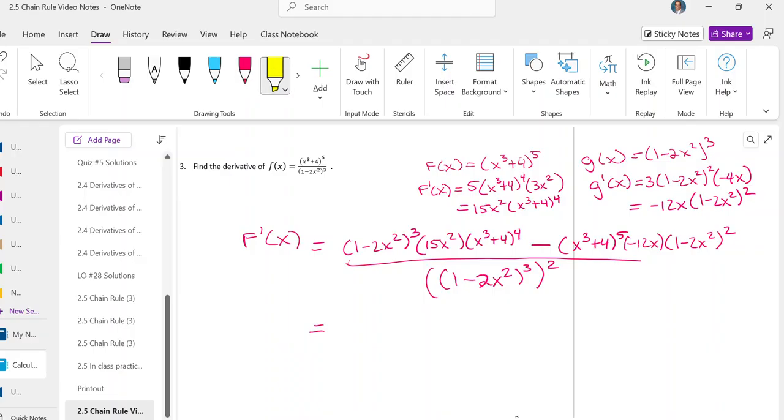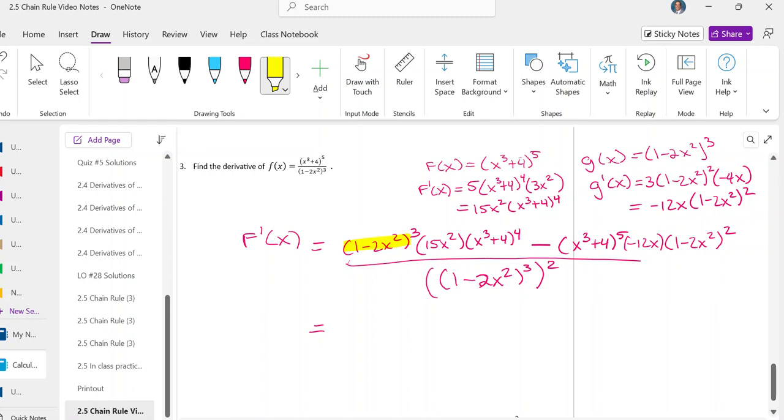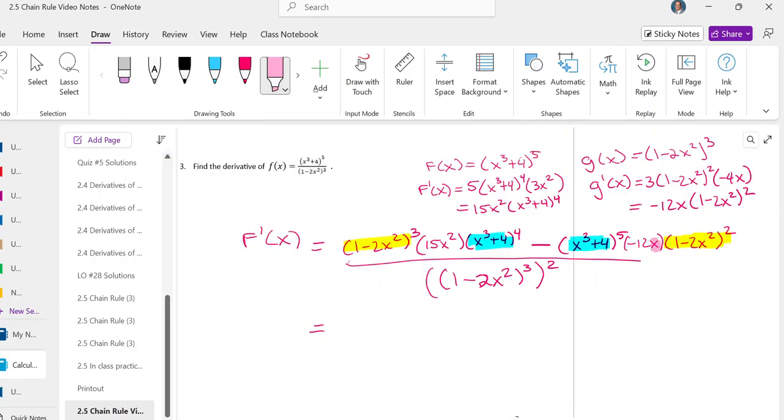So now we could factor out common factors, like for example in the numerator both terms have a 1 minus 2x squared. Both terms have an x to the third plus 4. And both terms have an x, right? And they have a factor of 3. So we'll factor out what they have in common first.